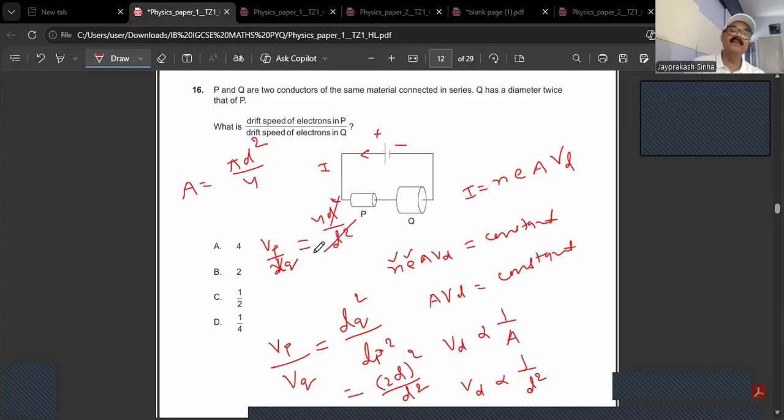So d square cancels, so 4. This is v_P upon v_Q, the ratio of drift speed of electrons in P to the drift speed of electrons in Q. So that will be 4. 4 is the correct answer.